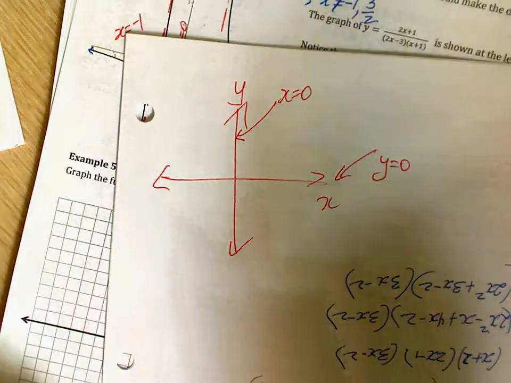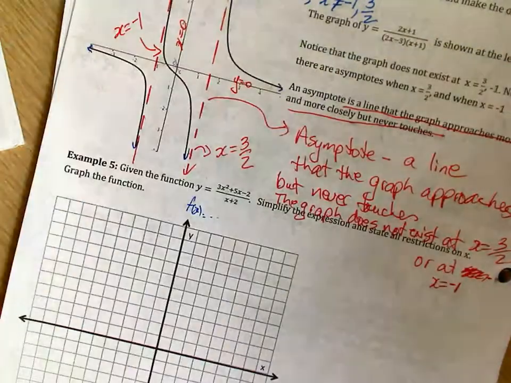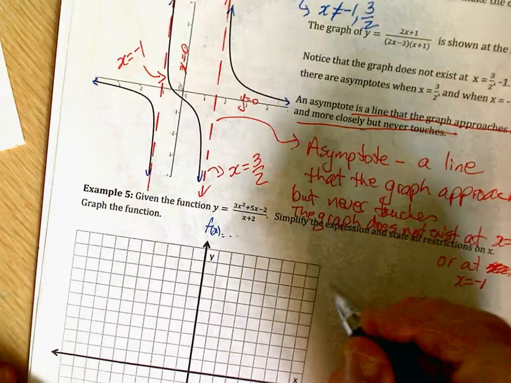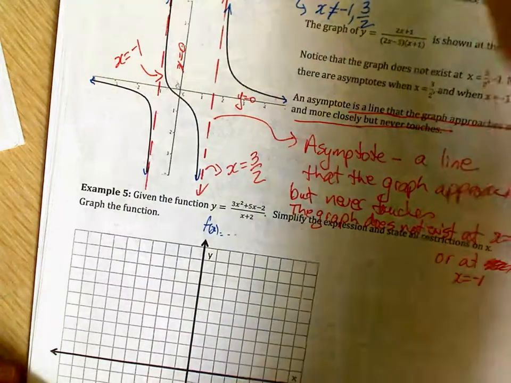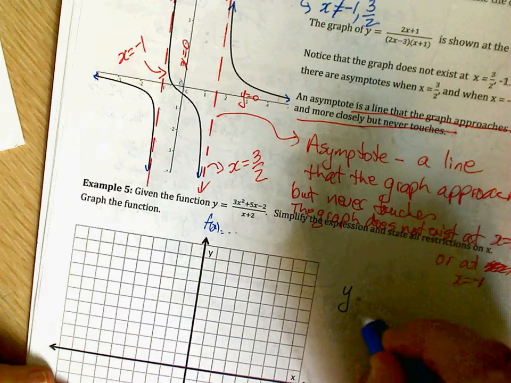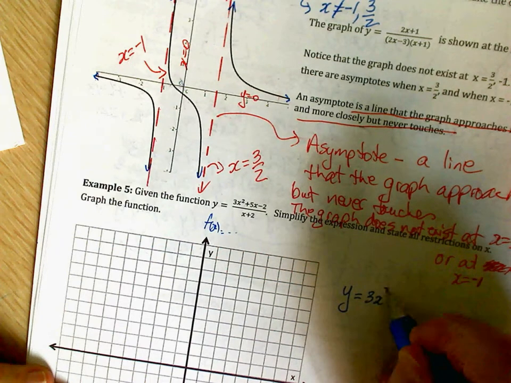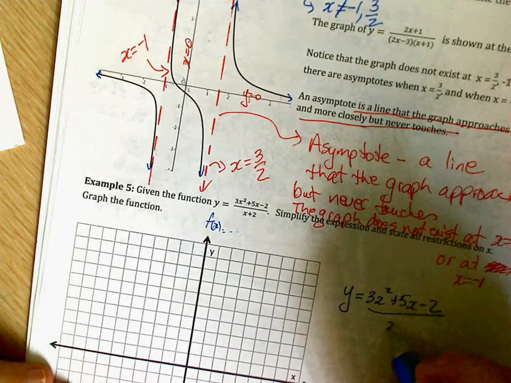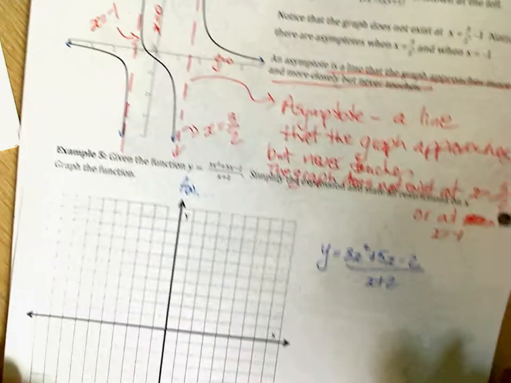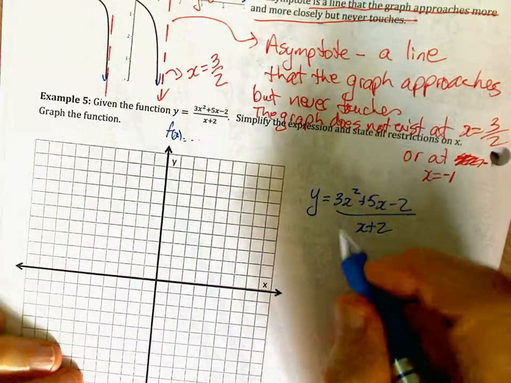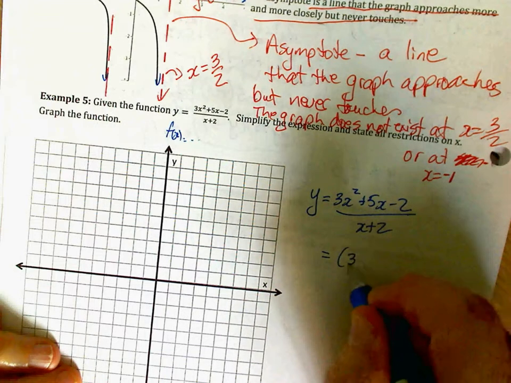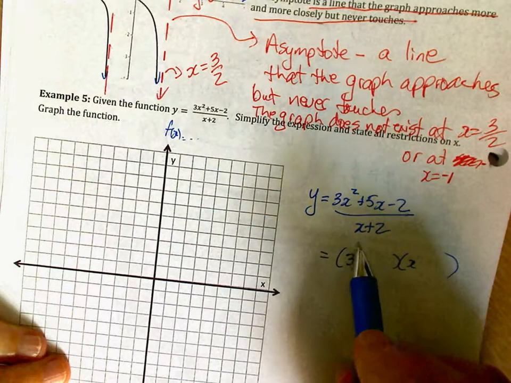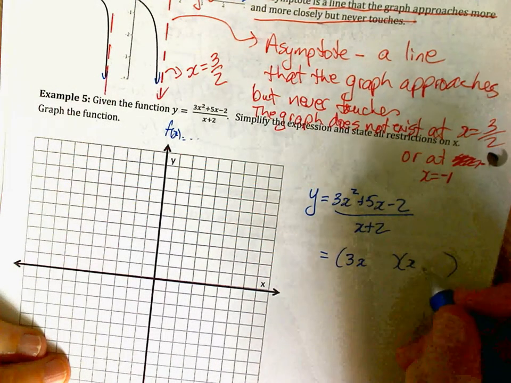Okay, let's graph this guy. y equals 3x squared plus 5x minus 2, all over x plus 2. So let's simplify it. 3x times x. I have a feeling if the denominator is x plus 2, one of the factors must be x plus 2.